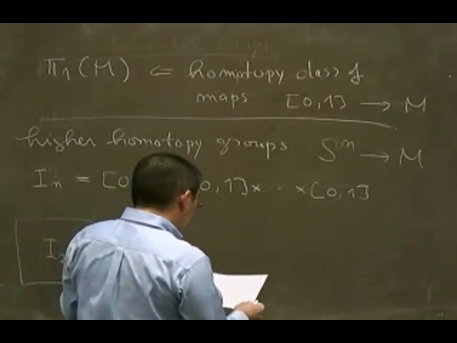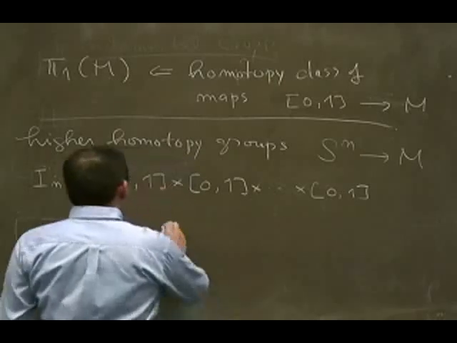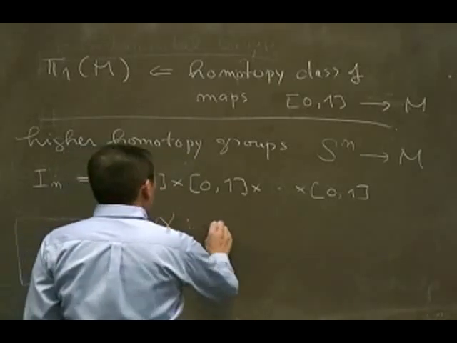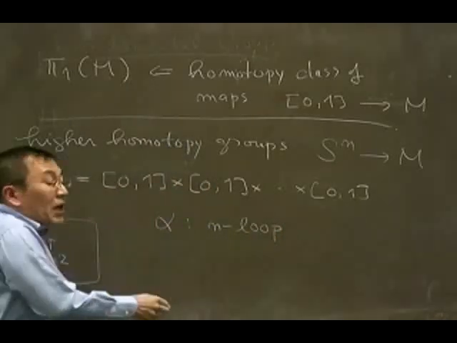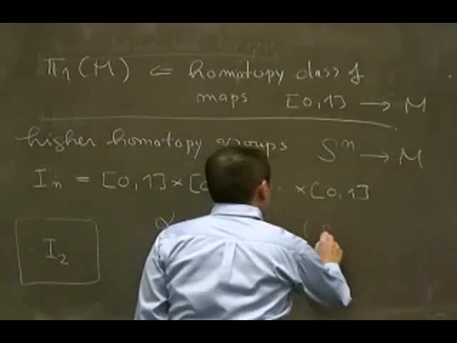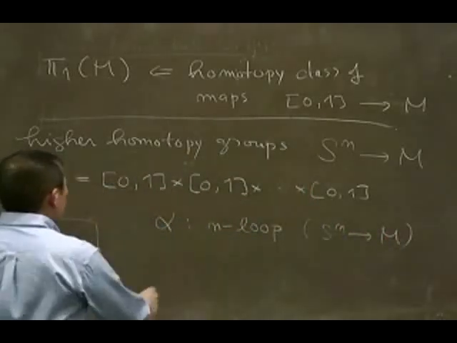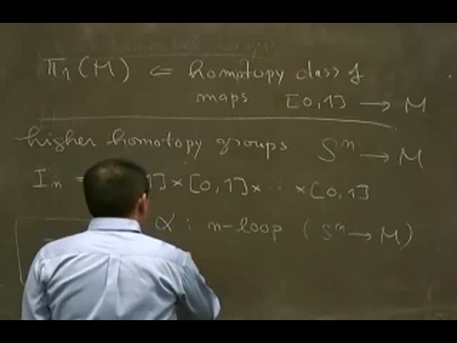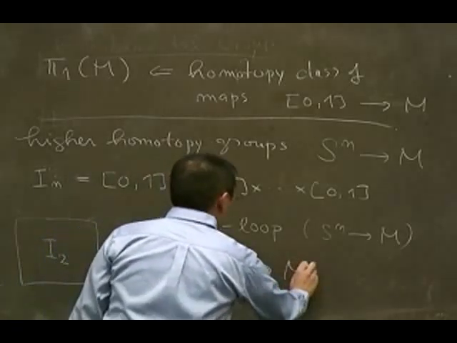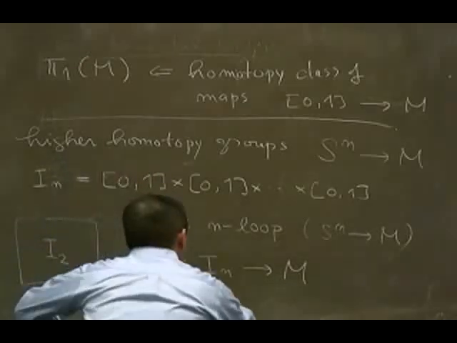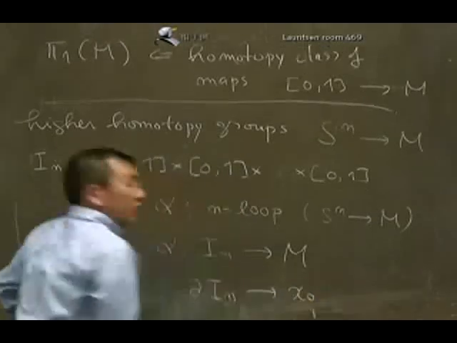Then what you want to do is the following. That alpha is called an n-loop, which is basically a map from Sn to M, but I define it so that it's actually a map from In to M in such a way that the boundary of In gets mapped to some base point x0.